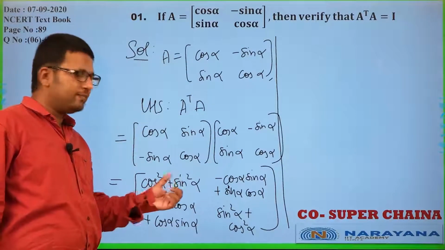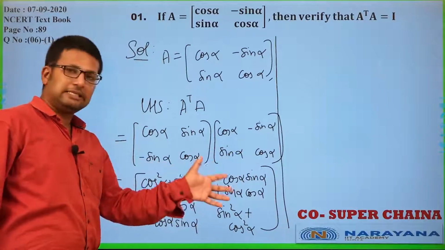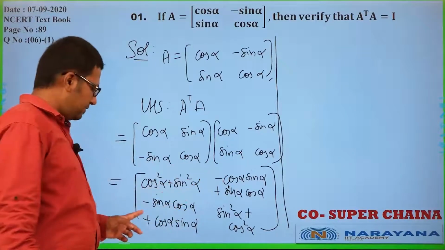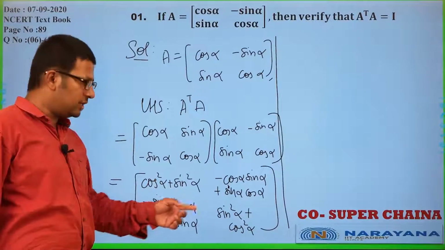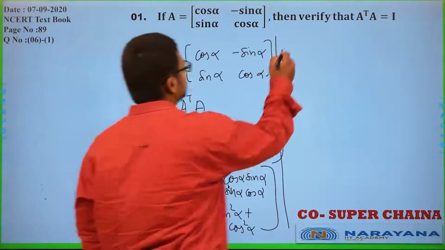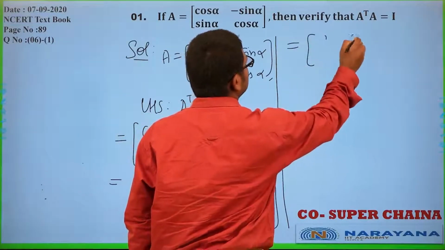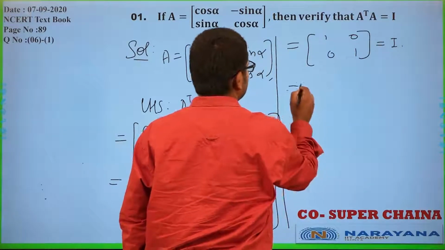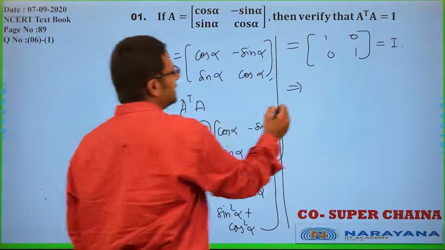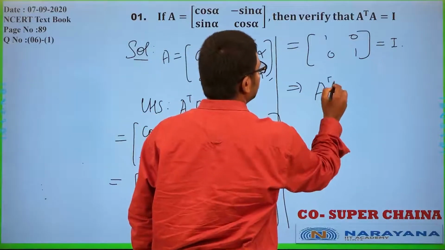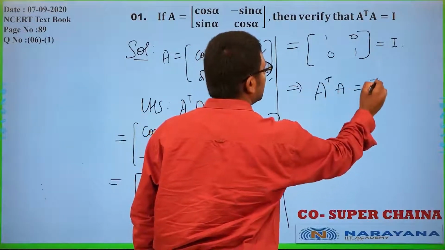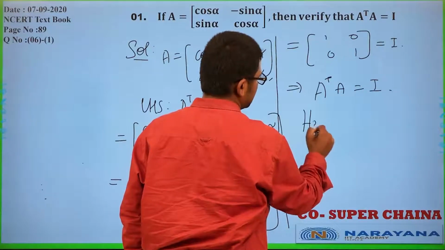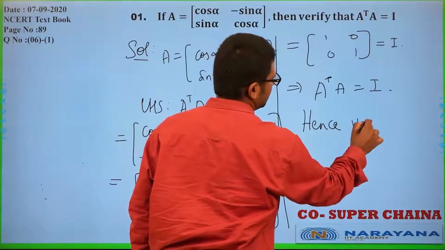This we know is 1. What about this? That is clearly 0. What about this? Once again 0, and that is 1. So this is 1 0 0 1, which is I. Therefore we have verified that A transpose A is I, hence verified.